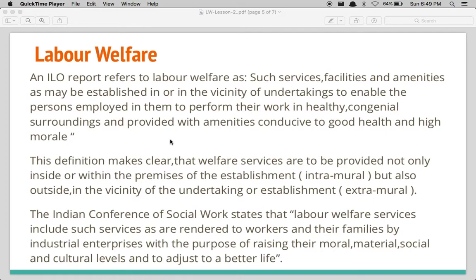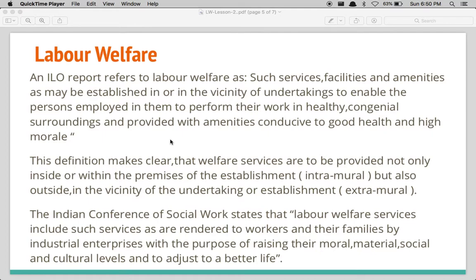The purpose is to enable the persons employed in them to perform their work in healthy, congenial surroundings and provided with amenities conducive to good health and high morale. This definition makes clear that welfare services are to be provided not only inside or within the premises of the establishment, which is called intramural, but also outside in the vicinity of the undertaking or establishment, which is called extramural.